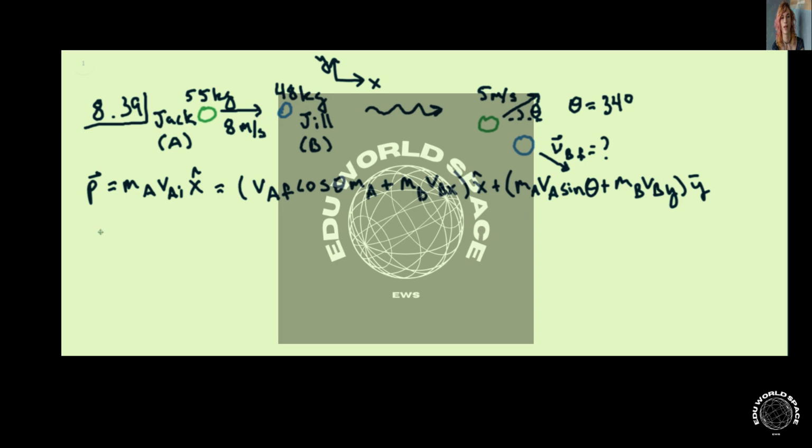And so for the sake of not trying to solve an entire vector equation all at once, we can break it into two equations, and solving those for the X and Y components of Jill's speed, or the components of her velocity rather, we find that this is going to be the ratio of his mass to her mass times the change in his speed, or in the relevant change, the change in the relevant component of his speed.